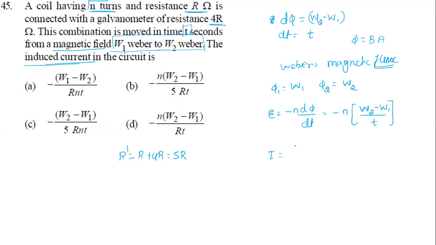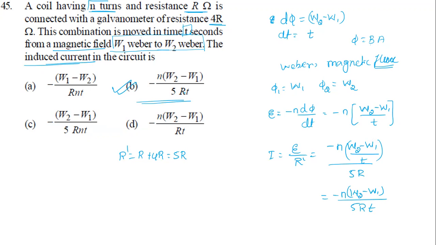So current I equals E by R dash, which is minus N times W2 minus W1 divided by t, divided by 5R. If you simplify, you get minus N times W2 minus W1 divided by 5Rt. Look at which option is correct: option B is correct.